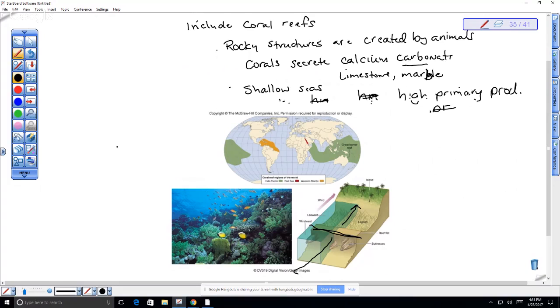So coral reefs are really important for protecting, like the Great Barrier Reef around Australia. But they also have this huge high primary productivity, and they have created this environment where other organisms survive.